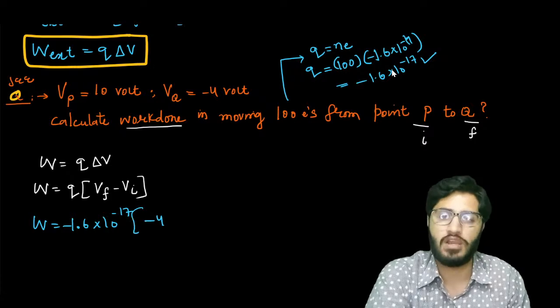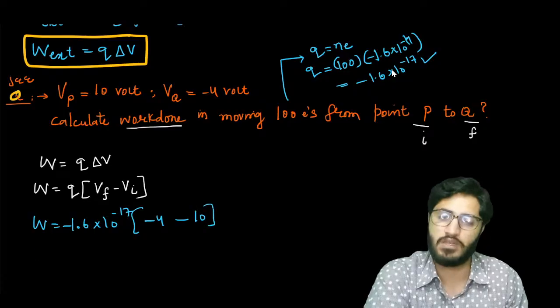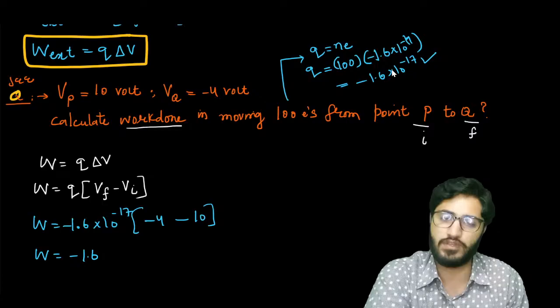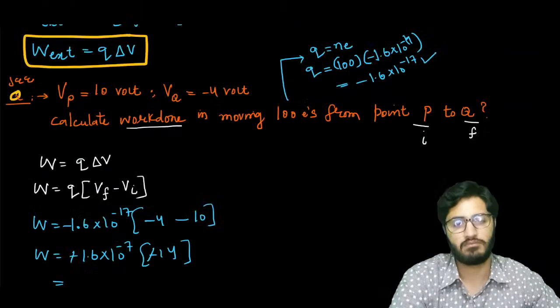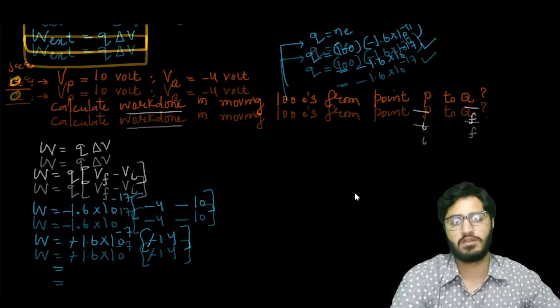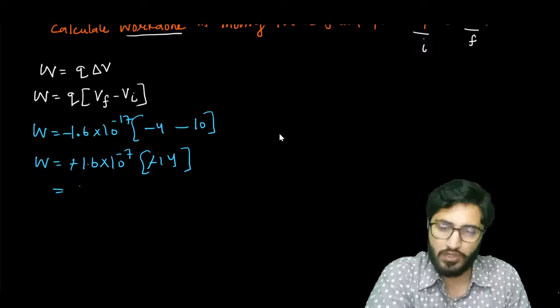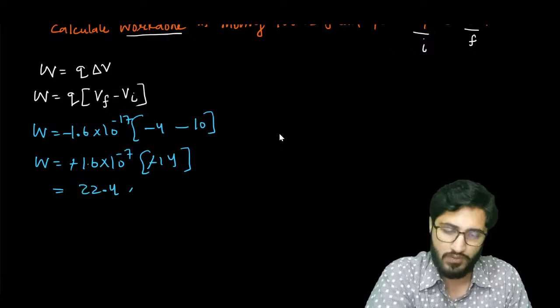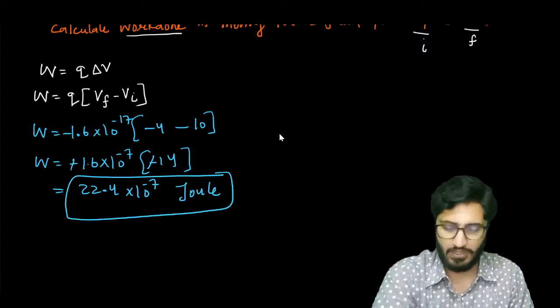Minus VP, which is 10, so it is minus 10. So W came out to be minus 1.6 times 10 to the power minus 17 times minus 14. Minus minus cancel. 14 into 1.6 gives 22.4 times 10 to the power minus 17 joule. This is my answer.